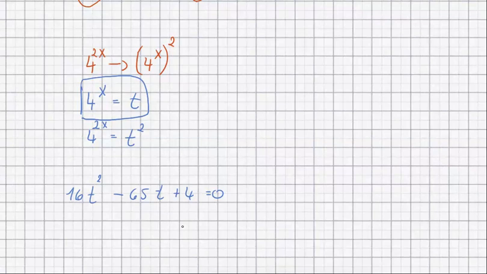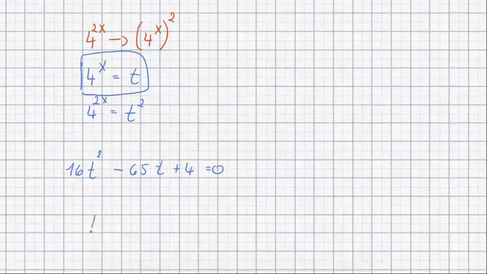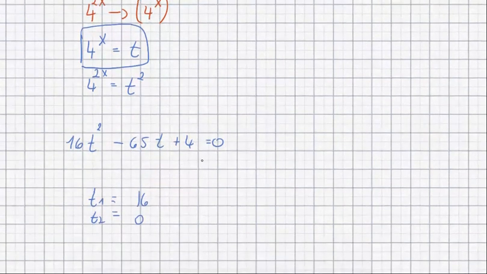Okay. All right. And then we solve the quadratic equation, and then let's say we get t1 and t2. Let's say that t1 is 16 and t2 is 0. I'm not sure if these are the right numbers, but just to get the idea. But t is actually 4 to the power of x. So we have to do 4 to the power of x equals 16 and 4 to the power of x equals 0. Why is 4 to the power of x equals 16?